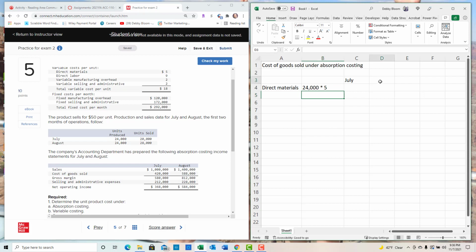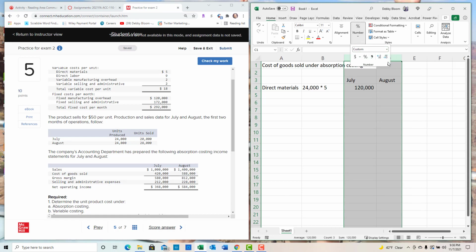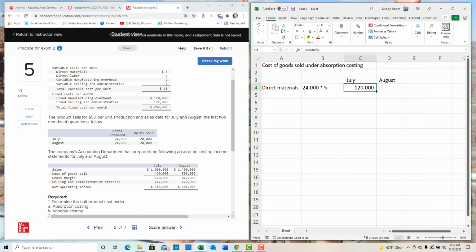Now we're going to notice that that's also the same for August, so I'll work with July and August at the same time. So for both July and August, we're going to take 24,000 and multiply it by 5. I'll put in the commas so we can see the numbers a little bit better. So for July and August, direct materials are $120,000.